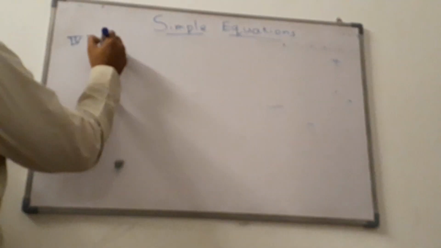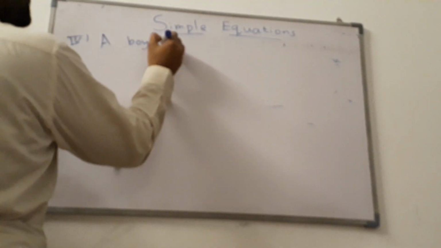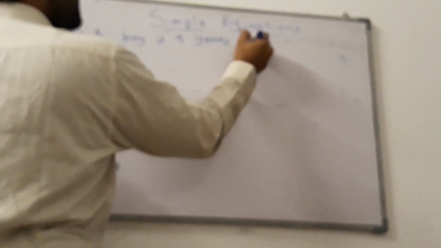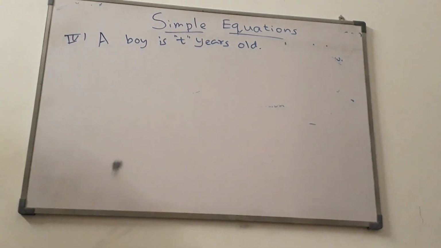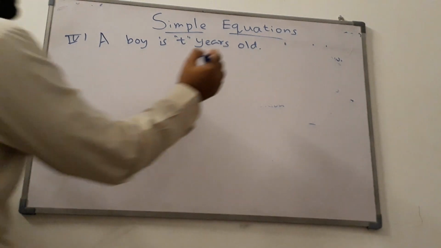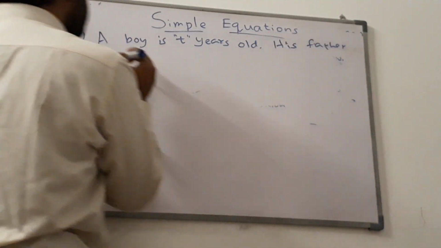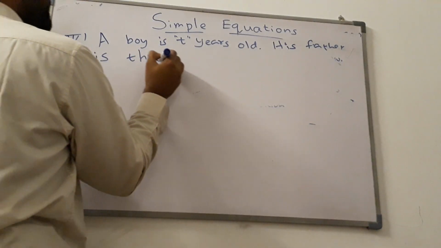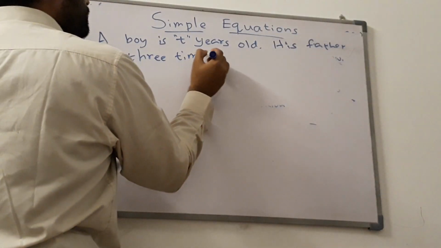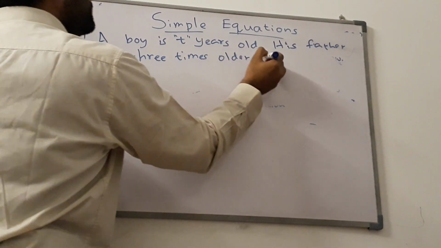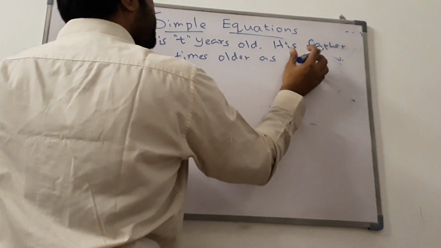A boy is t years old. His father is three times older than him.